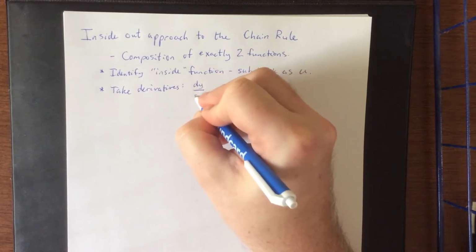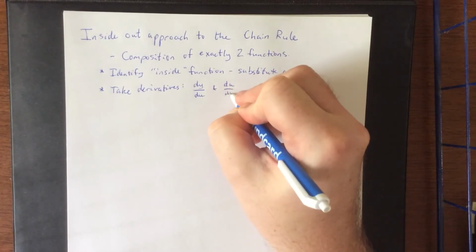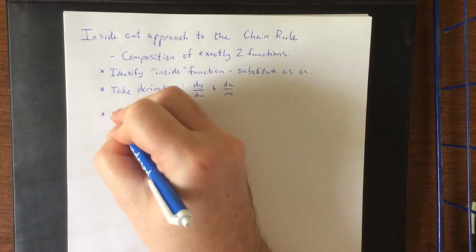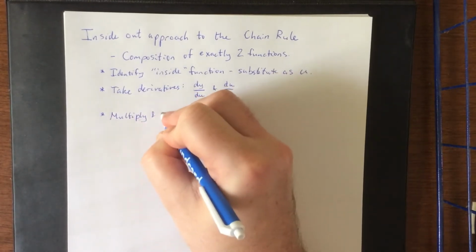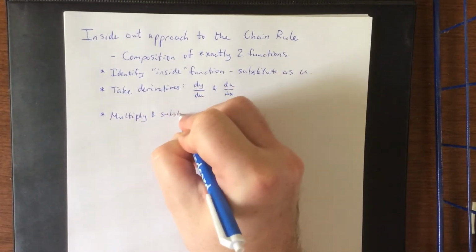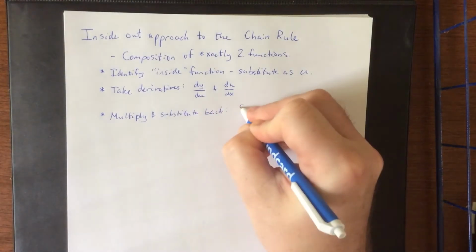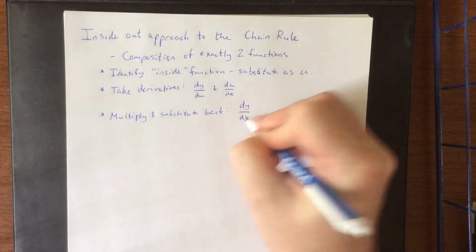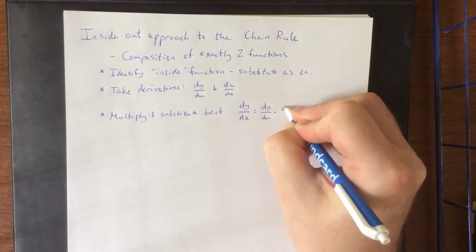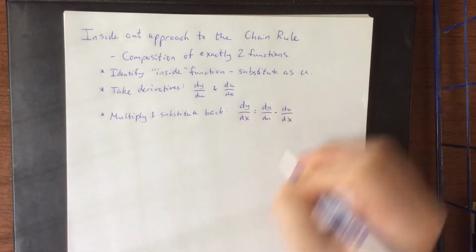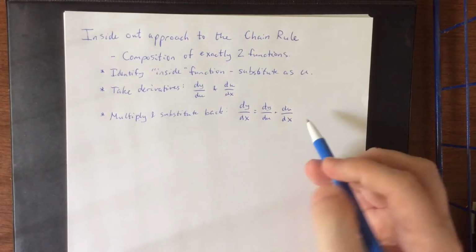Specifically, we are going to be taking the derivative of y with respect to u and the derivative of u with respect to x, at which point we are going to multiply them and substitute back. So again, the full version of that version of the chain rule is that dy over dx is equal to dy over du times du over dx.